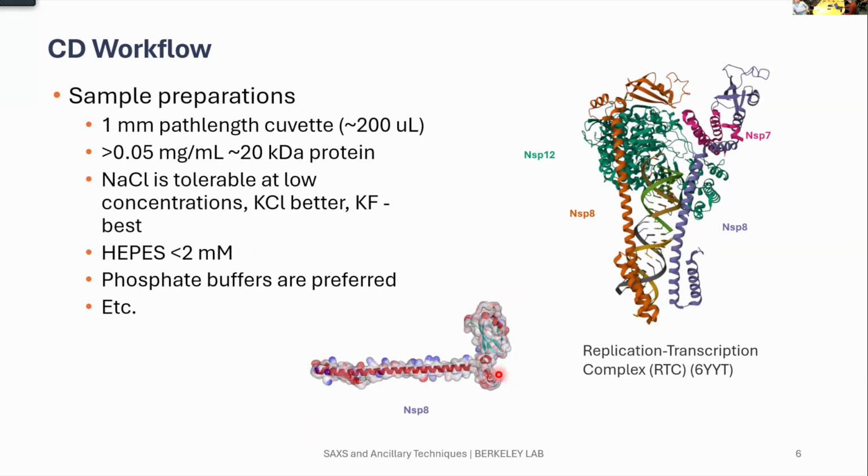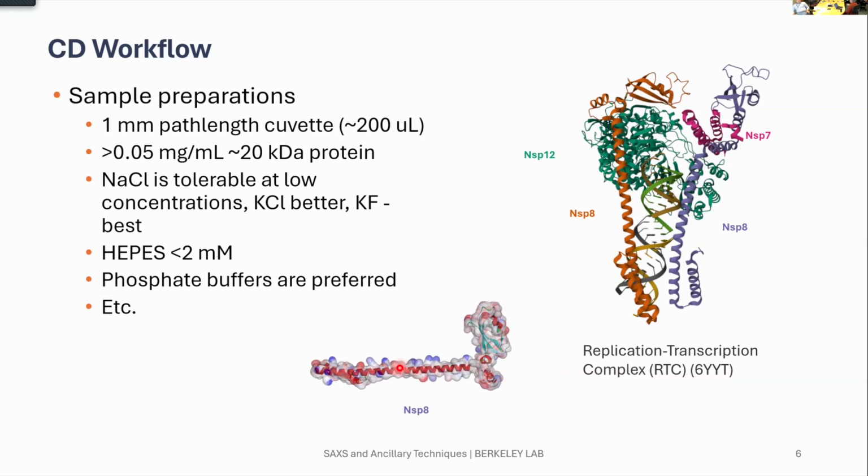NSP8 is part of the replication transcription complex of coronaviruses. It was introduced by Mikko in the morning, and this NSP8 protein has a golf club-like shape, but it's not always like this.